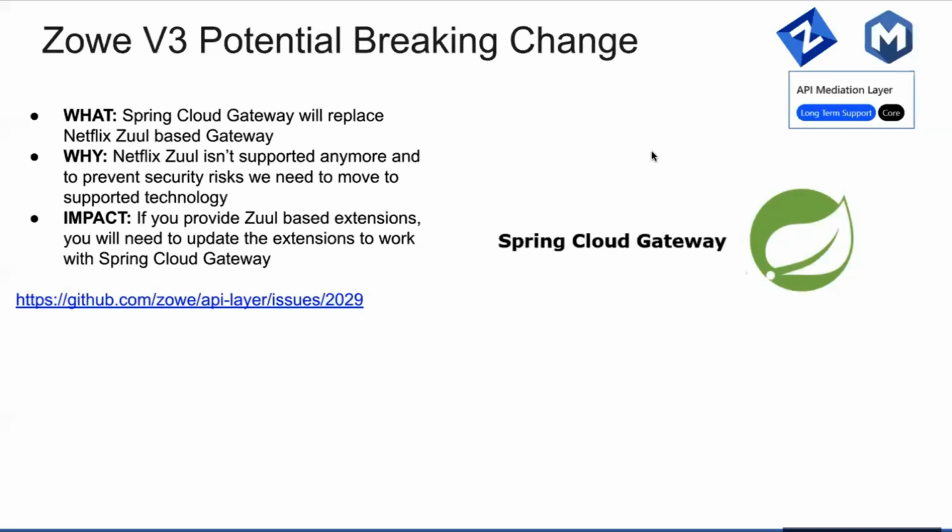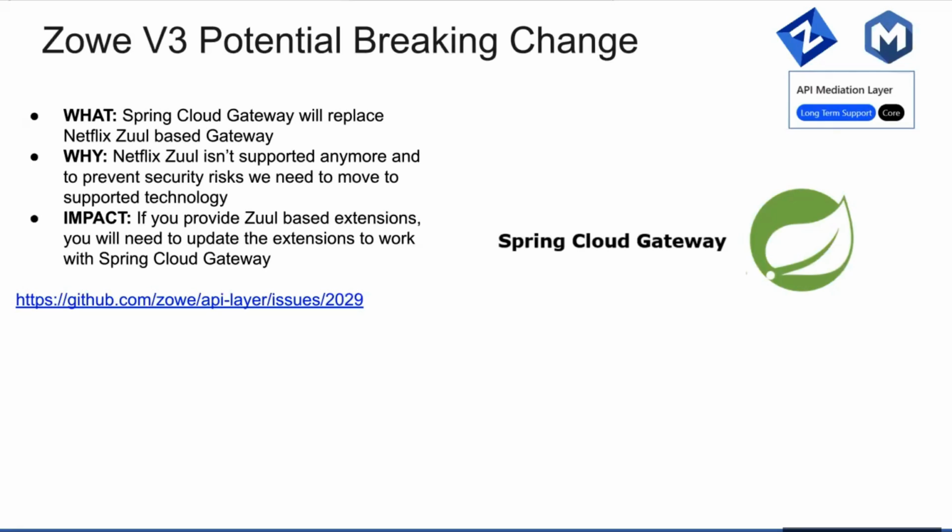So, a bit later is right now. The main change that's happening from our side, but that shouldn't have impact, we are merely raising it because it can have impact, is that we will be replacing the Netflix Zuul-based API gateway with a new Spring Cloud Gateway.